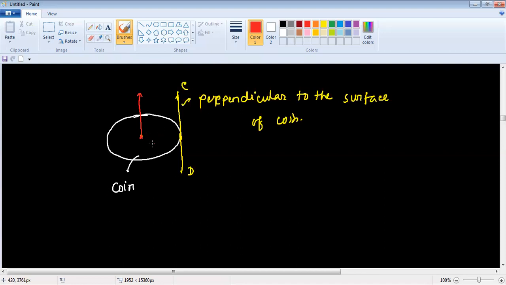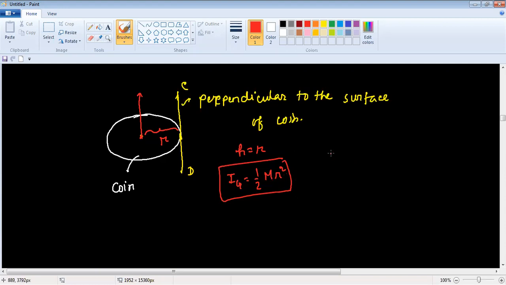The distance between these two axes equals the radius. That means here h equals r. Now, what is Ig? We know Ig is equal to half mass into radius square, half m r square. Hope all of you know this formula.